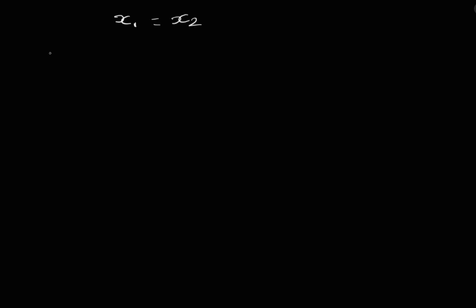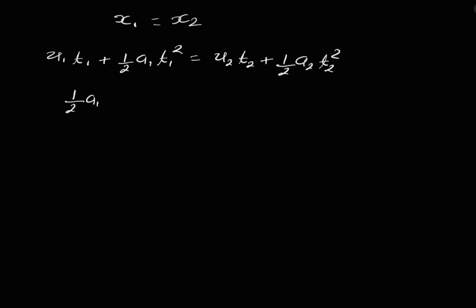Let me use the kinematics equation: x1 means u1 t1 plus half a1 t1 square, and x2 means u2 t2 plus half a2 t2 square. Now बच्चों, in both cases the initial speed is 0, so half a1 t1 square is equal to half a2 t2 square. Now the half on both sides will cancel out.